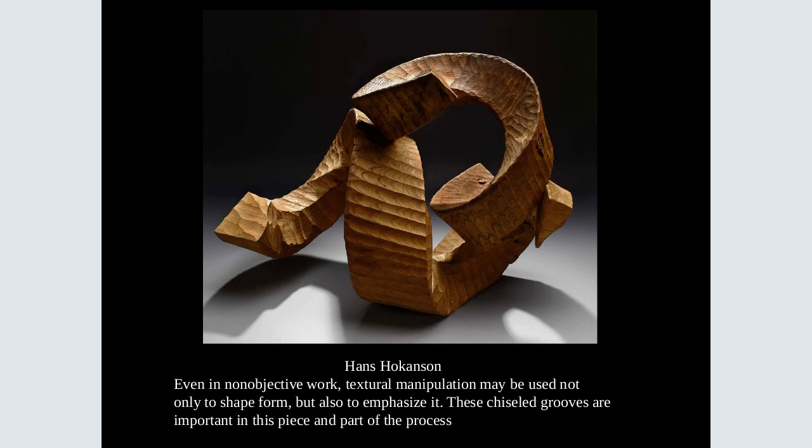Even take a look at this. So while we saw representational, figurative pieces, this is non-representational, right? Even in non-objective or non-representational work, texture manipulation can be used not only to shape form, but also to emphasize it. These chisel grooves are an important part of this piece and part of the process.